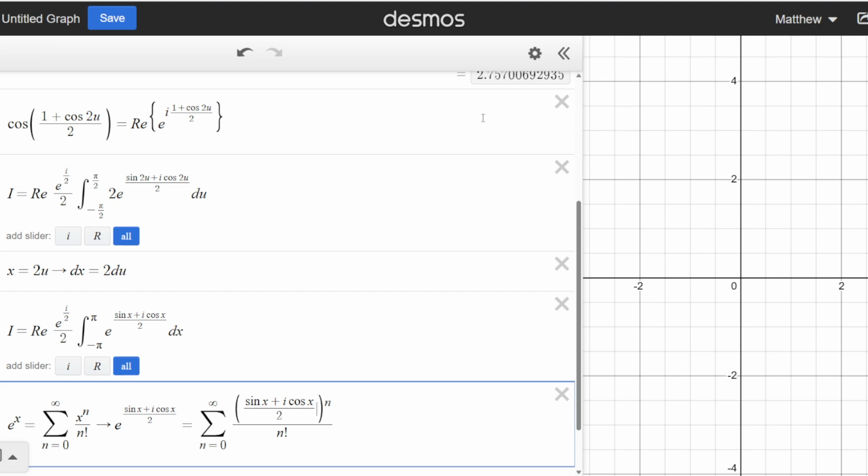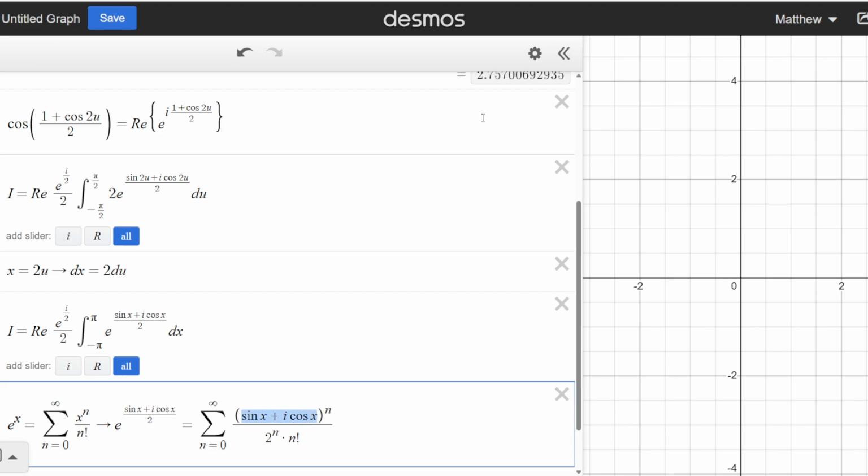Okay, let's see. We can do a little bit better than this. Let's bring this 2 to the n downstairs. So this is going to be 2 to the n times n factorial. Well, don't forget, we can rewrite this.